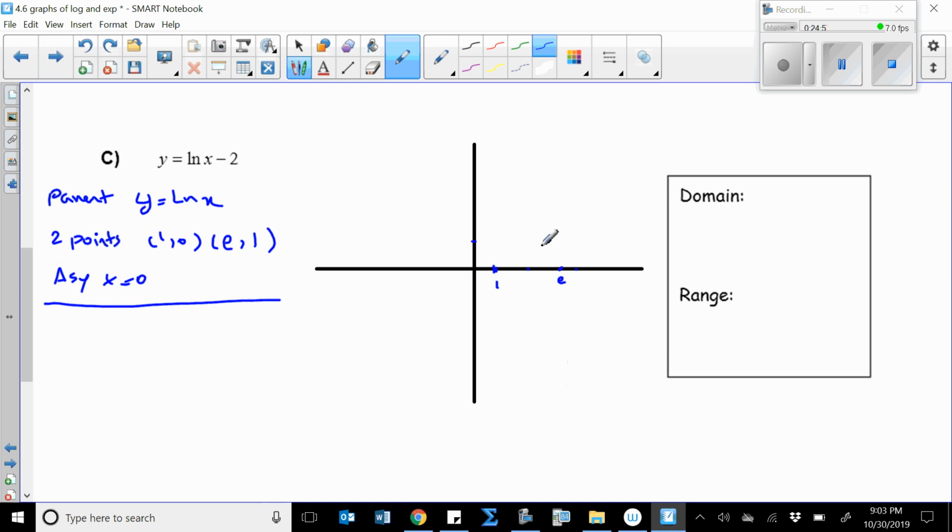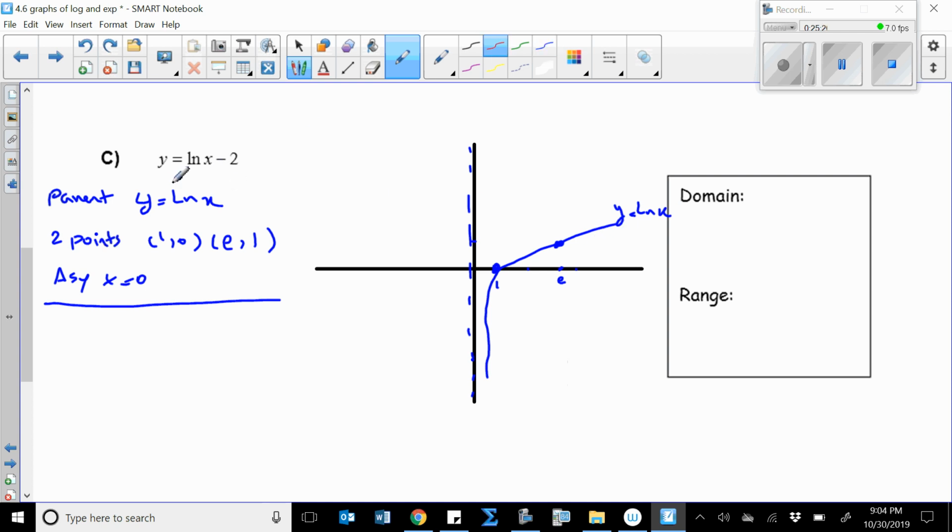This is e, and 1 is here, so it's going to be this point. And then we have the asymptote at x equal to 0, so it will be like this. This is the graph of y equal to ln of x. So this is the parent function, not the original function yet.